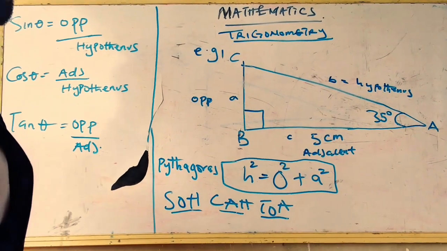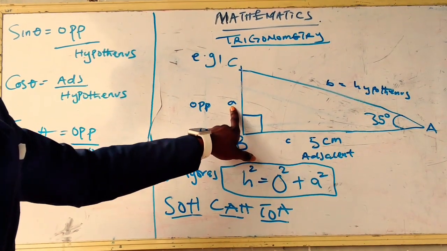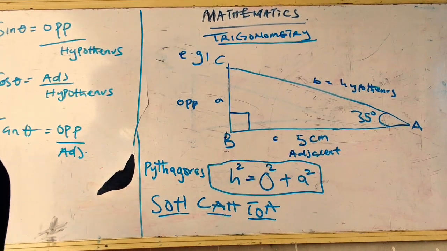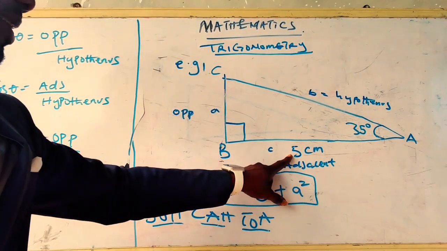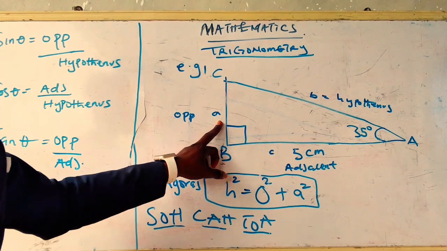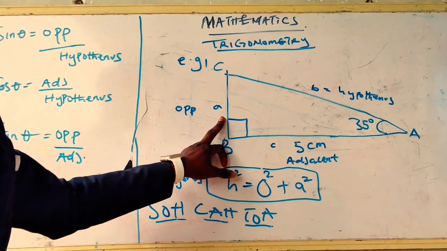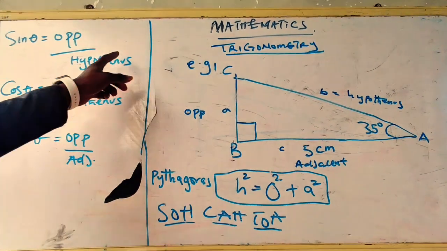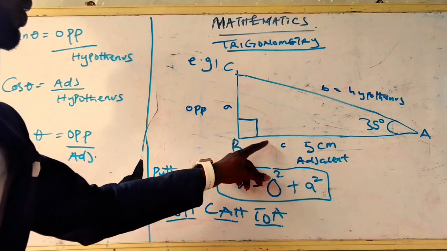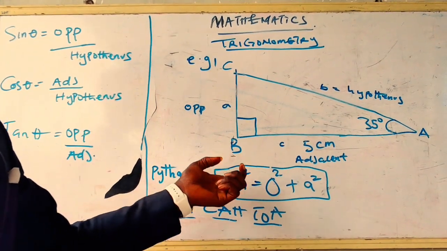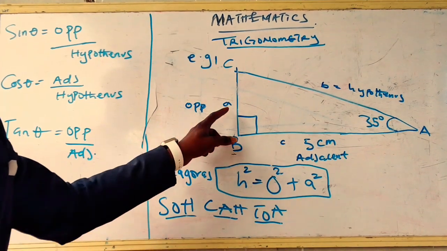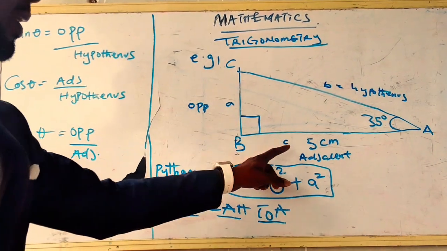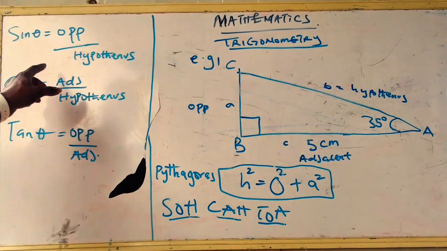Assuming we want to find a, which is the opposite, we take the adjacent we are given and the one we want to find. Those are the two we can use. So we come to SOHCAHTOA and see the one that fits these two sides: opposite and adjacent.